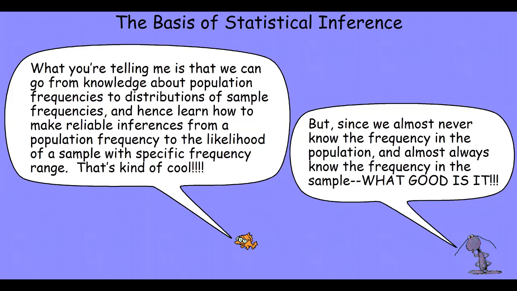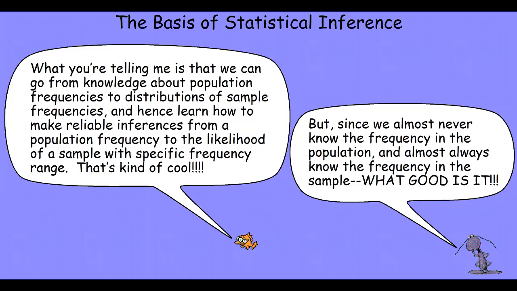And that inference can be very reliable, and its reliability can be increased or decreased. The amount of epistemic risk we take with our inference can be managed and manipulated by adjusting the sizes of those intervals. Now that's really, really cool and very clever.